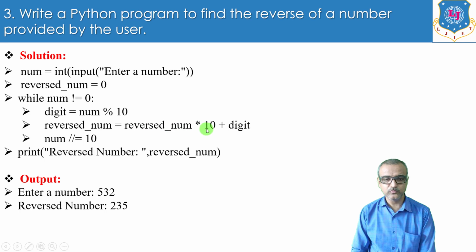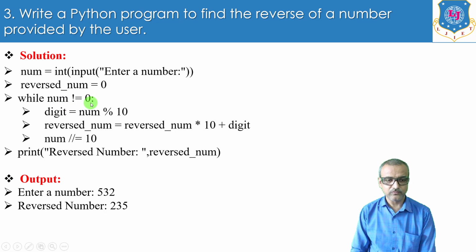Now multiply 2 by 10, so it will give you 20, and 20 plus 3, the value of digit is 3, so it will give you 23. Now in reverse_num we have 23. Now we will divide the number by 10. Now the number is 53. If we divide 53 by 10, you will get 5. So again it will come into the loop.